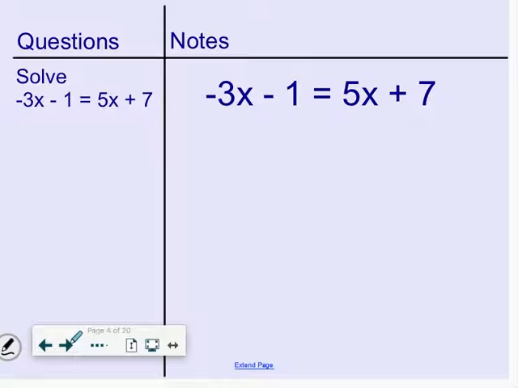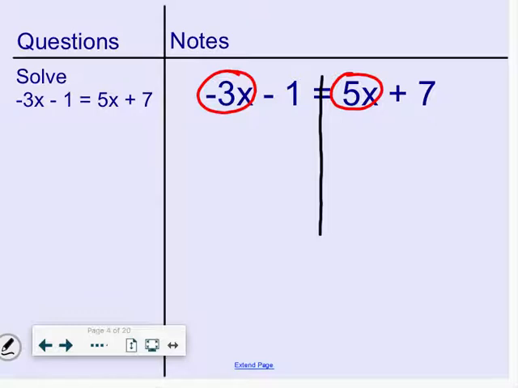Second equation, negative 3x minus 1 equals 5x plus 7. I'll circle my variables again and draw my line dividing the two sides of my equation. For this problem, the smaller variable happens to be the negative number.